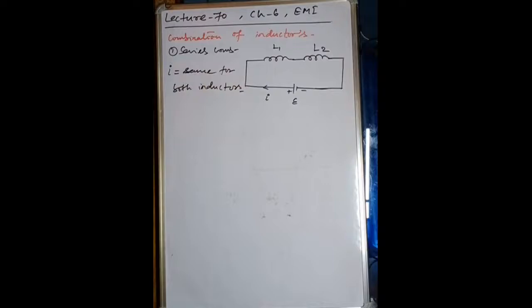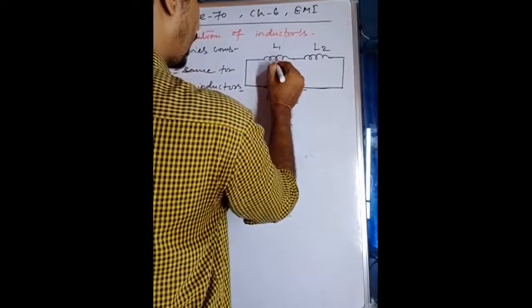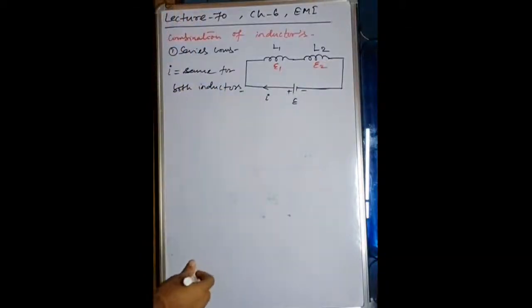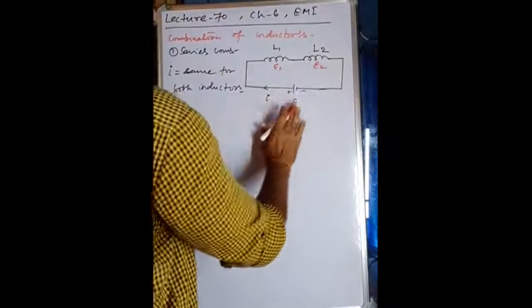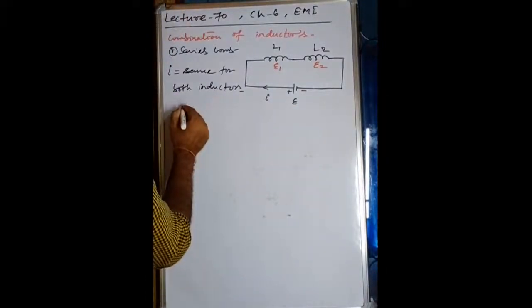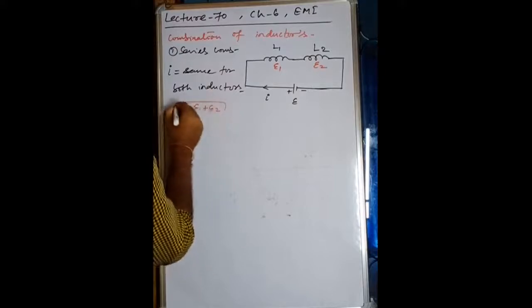Now suppose the EMF drops, or the back EMF produced by these inductors, are E1 and E2. The total EMF produced at any instant, suppose it is E, then we can write E is equal to E1 plus E2.